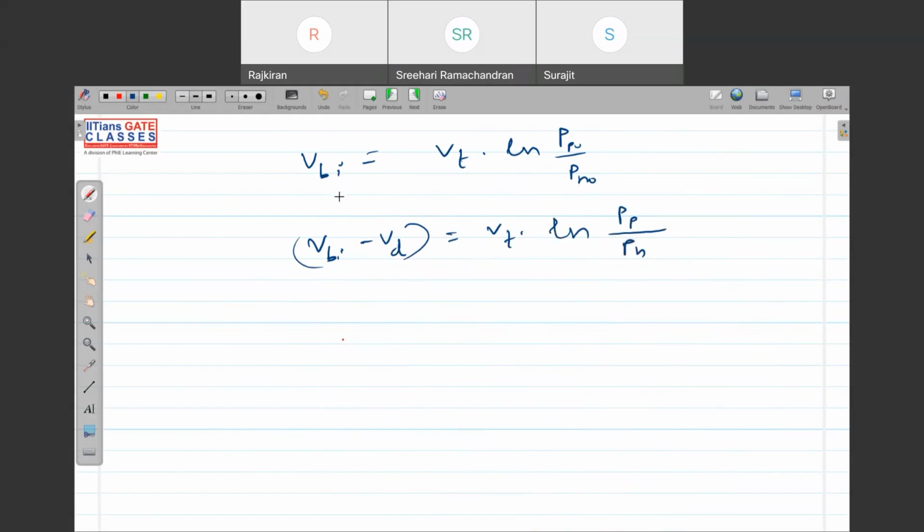Since this is decreased, definitely Pn has to be increased, and Pp0 also has to be decreased. But anything can happen, right? Are you getting this?